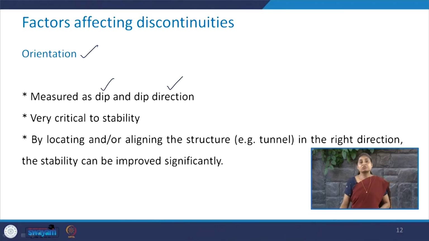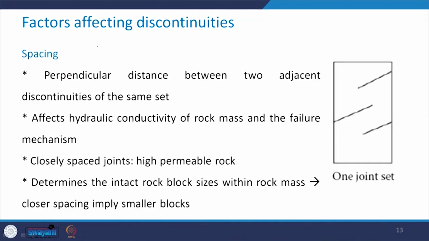So by locating or aligning or both, the location as well as the alignment of the tunnel in the right direction, you can improve the stability significantly. Therefore orientation is one of the most important factors which affect the discontinuity.